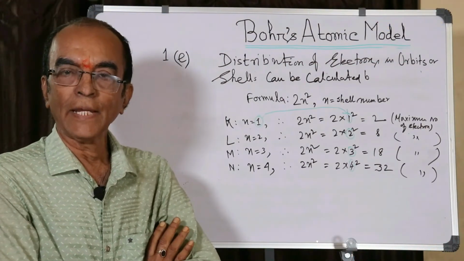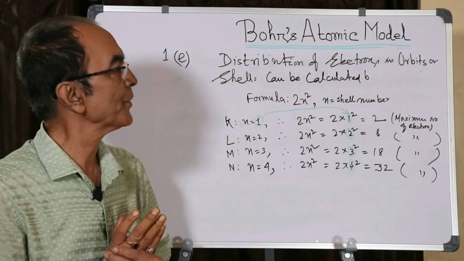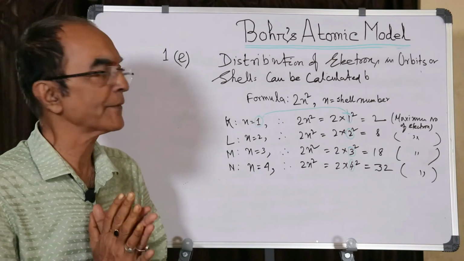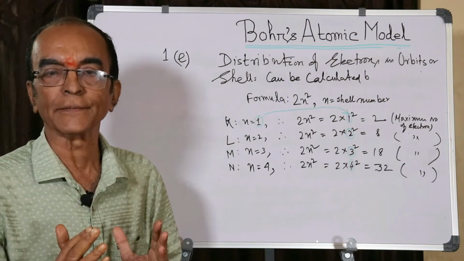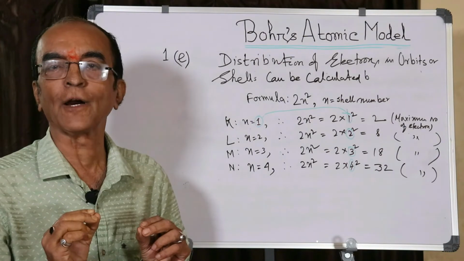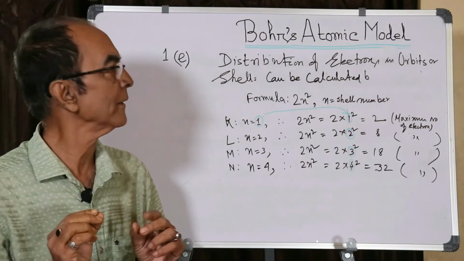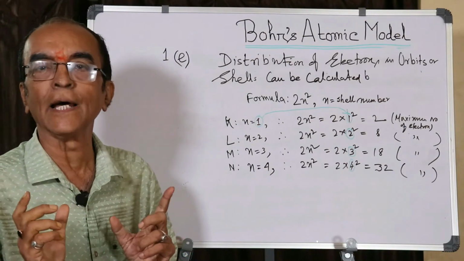Now I will explain the distribution of electrons in orbits or shells, and how it can be calculated. The simplest formula is 2n², where n is the shell number.